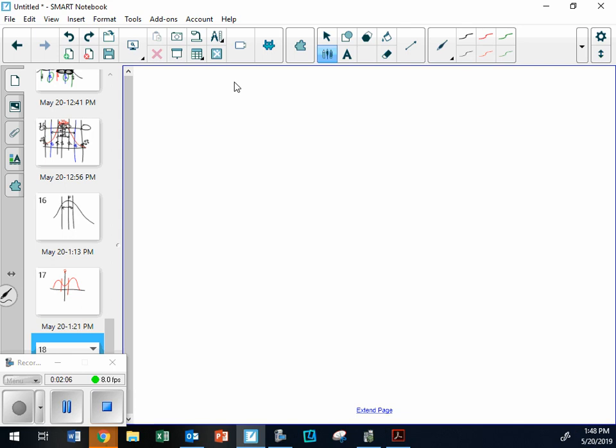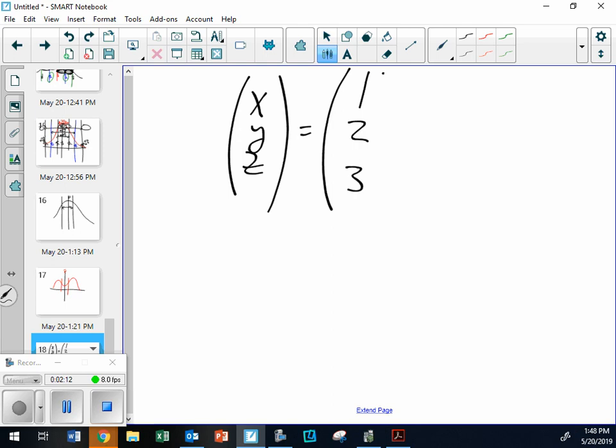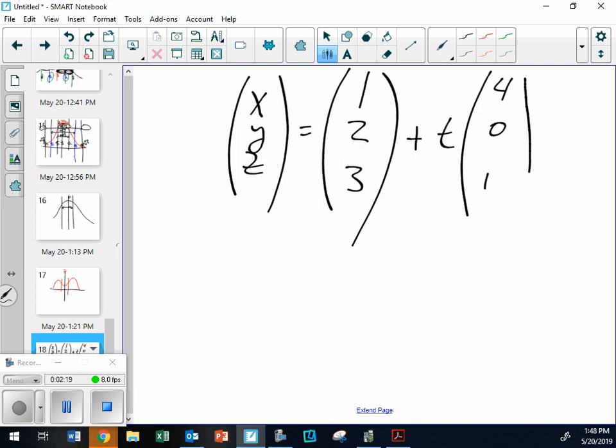This vector right here, x, y, z, 1, 2, 3. It's starting at 1, 2, 3, and it's going 4 in the I direction, over 4, like in the room I'm showing kids on the 3D thing, over 4, up 0, so not up at all, and out 1.